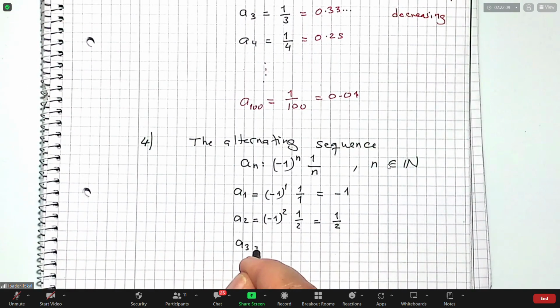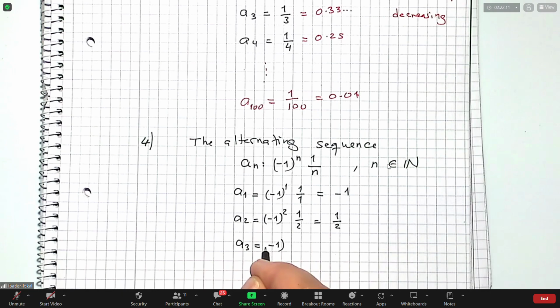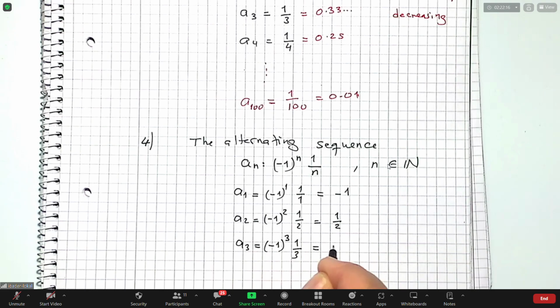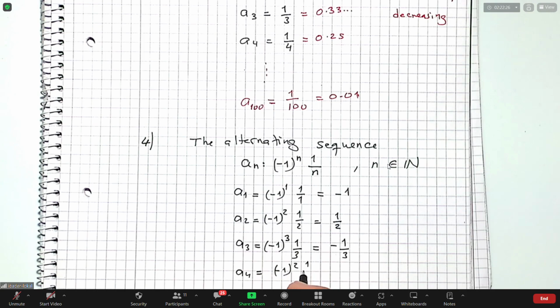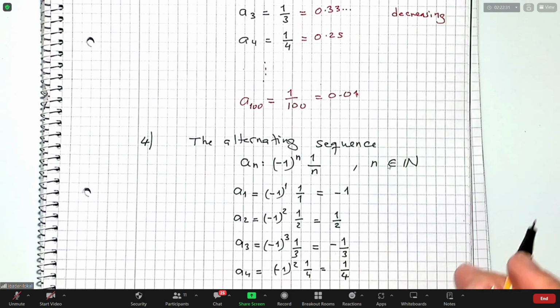A3, now we are back into the odd, and this is going to generate -1/3. Now A4 is equal to -1 squared times 1/4, and this is equal to 1/4.